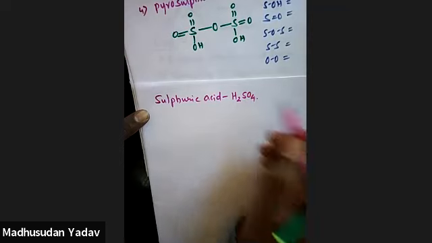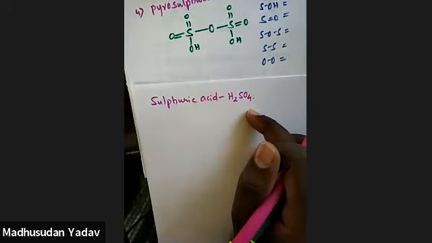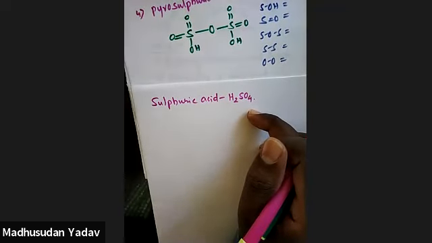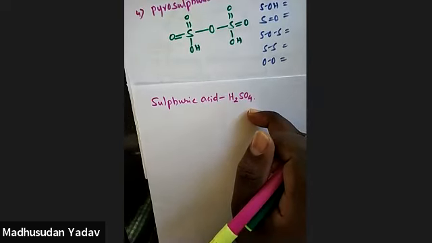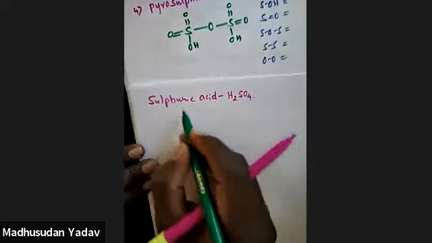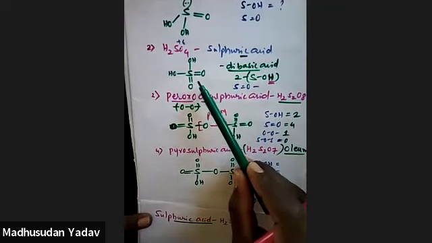The reason is it is highly reactive, highly corrosive in nature, and it reacts violently with other elements. So that's why it is the king of chemicals. Sulfuric acid is a very strong oxidizing agent. Its structure you know already. This is the structure of sulfuric acid, H2SO4, a dibasic acid.